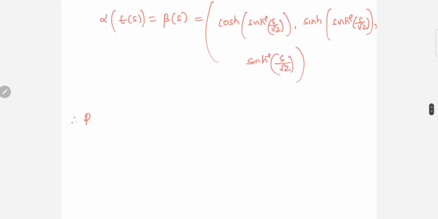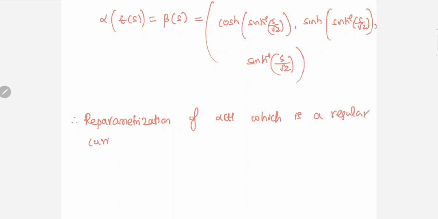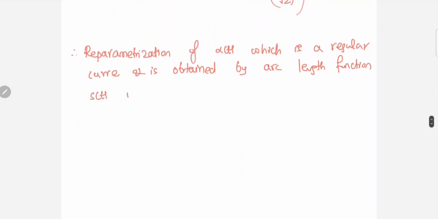Therefore the reparameterization of alpha, which is a regular curve, obtained by the arc length function s of t is a unit speed reparameterization, because we have followed the procedure to show that the reparameterization of a regular curve has unit speed.